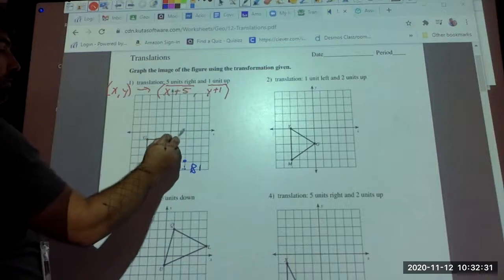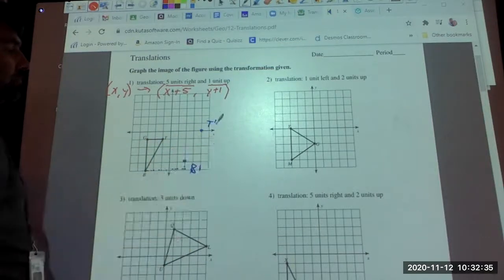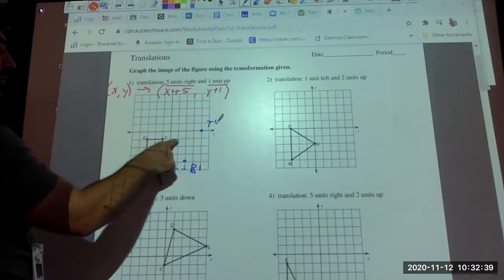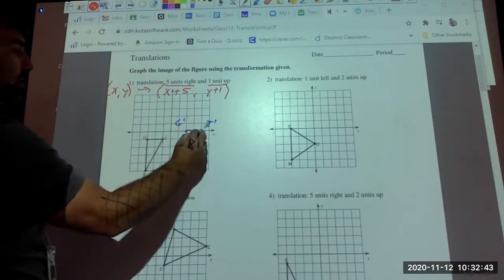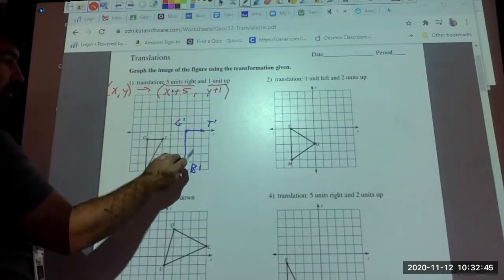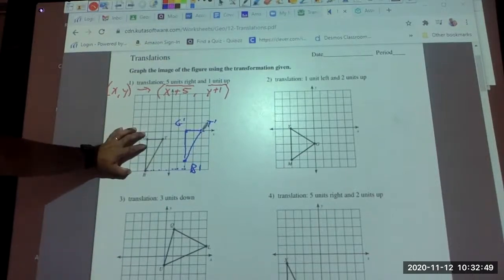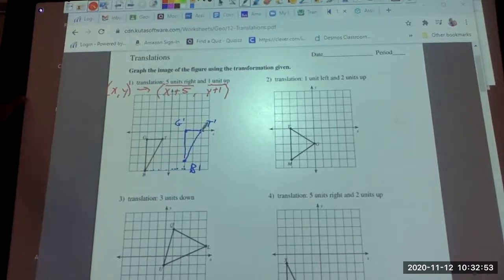So 1, 2, 3, 4, 5, up 1. That's my new T prime. And this is G. 1, 2, 3, 4, 5, up 1. So that is G prime. And that would be my image. So the black is my pre-image. The blue is my image after I did my translate.